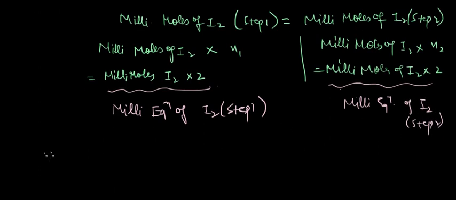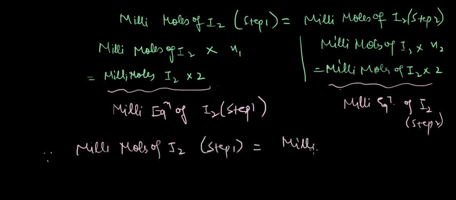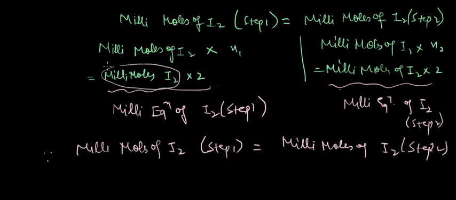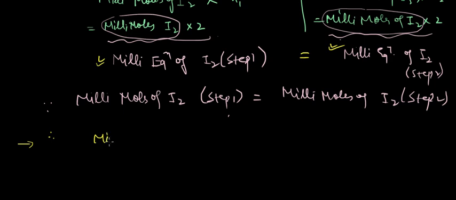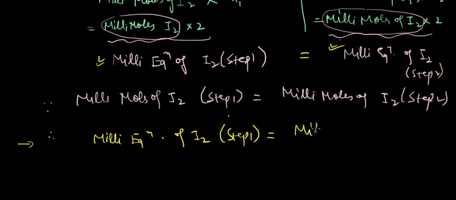Since millimoles of I2 in step 1 is equal to millimoles of I2 in step 2, or in other words these two quantities are the same, this implies that milliequivalent of I2 in step 1 would indeed be equal to milliequivalent of I2 in step 2.